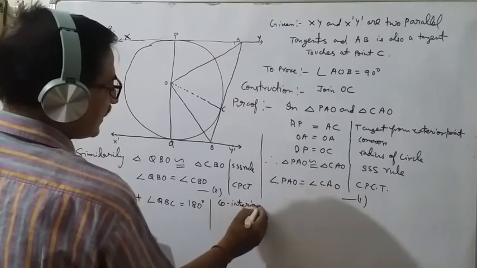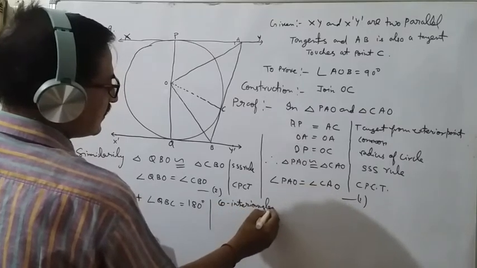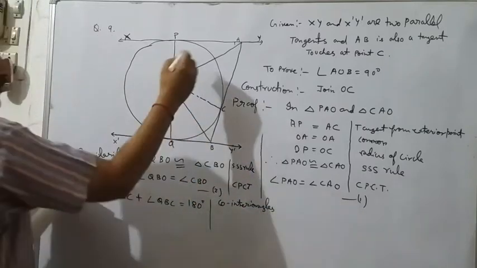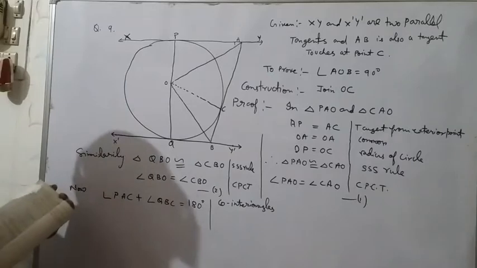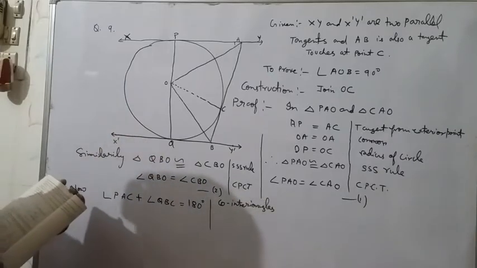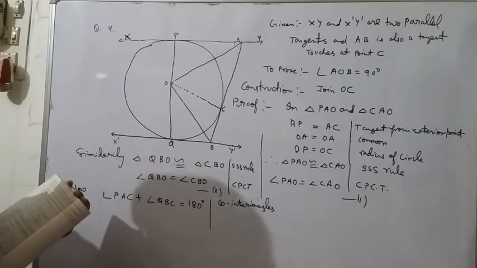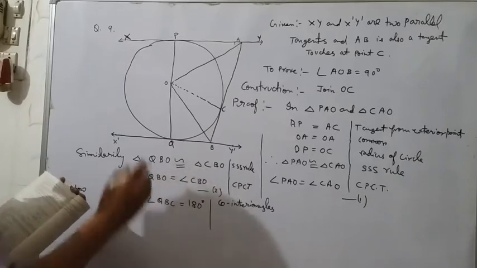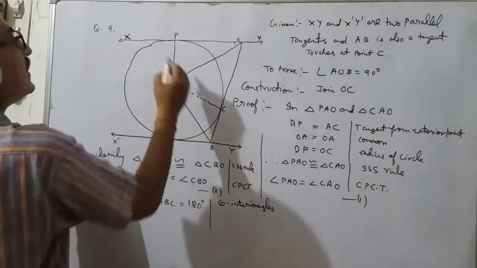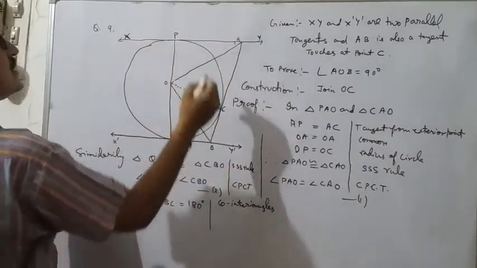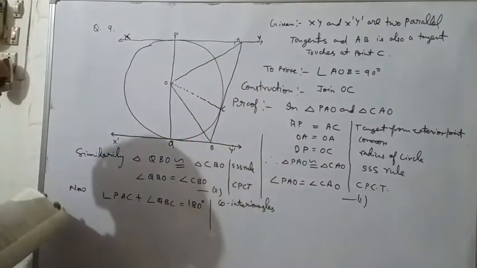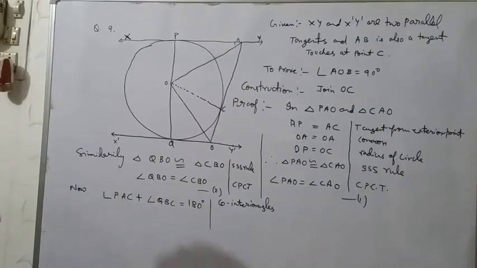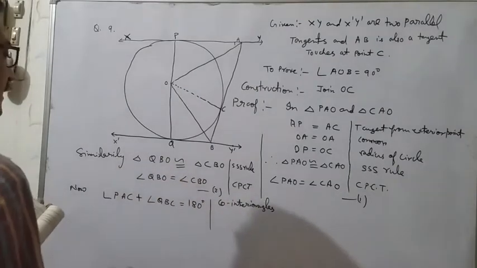If the lines are parallel, that time their addition is 180 degrees, only in that case. If the lines are not parallel, it is not 180 degrees. Here it is given XY and X'Y' are parallel, therefore this addition plus this addition equals 180 degrees. So co-interior angles are 180 degrees.